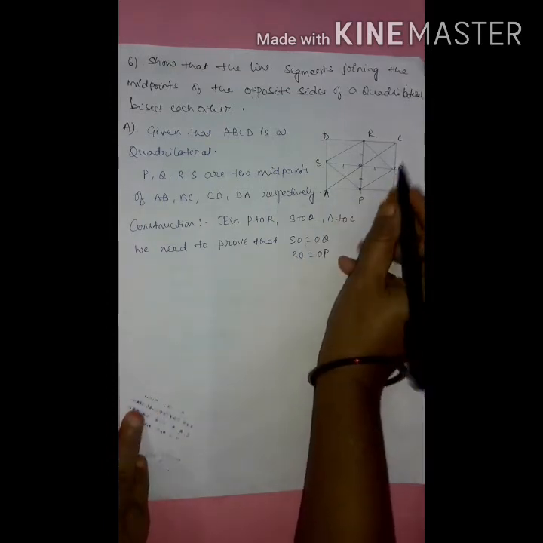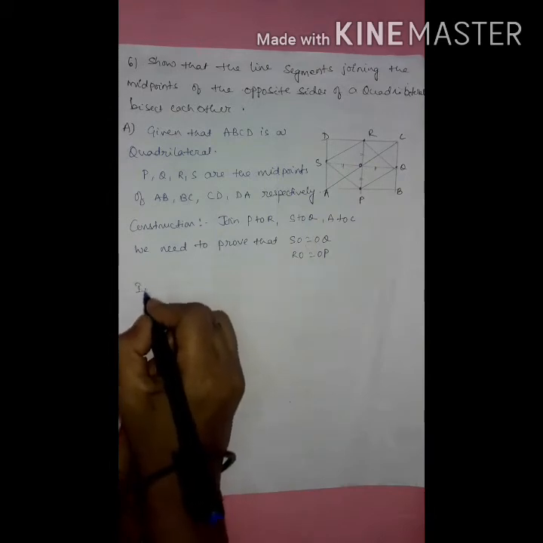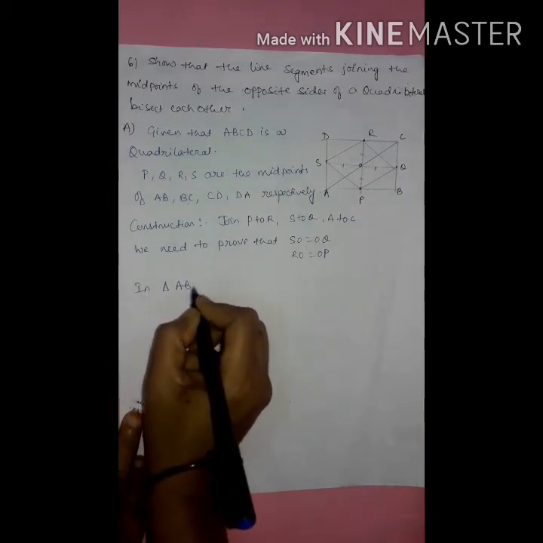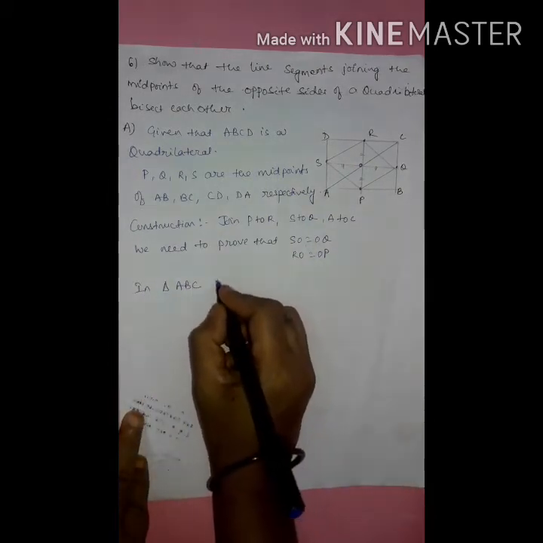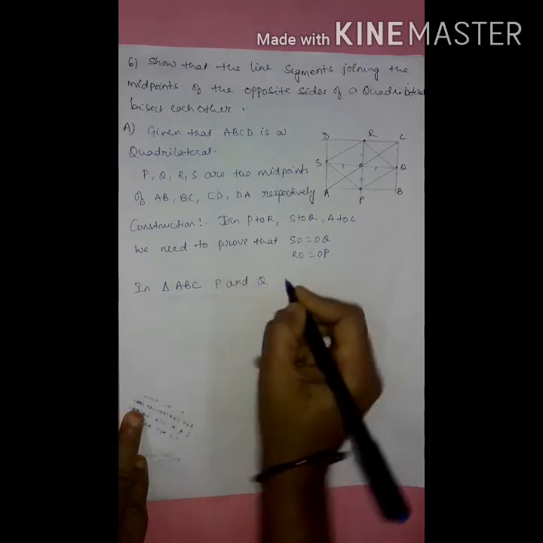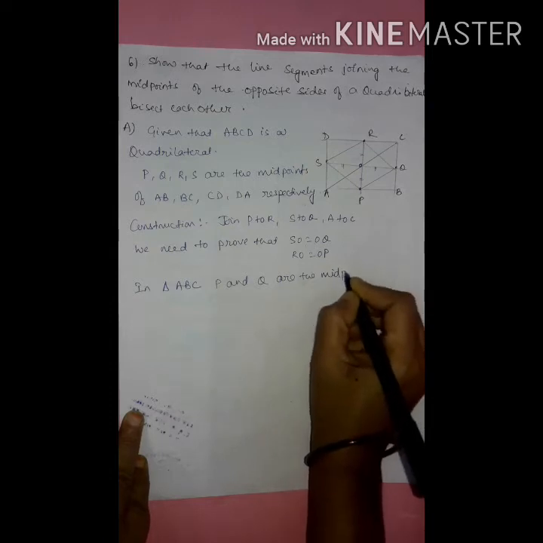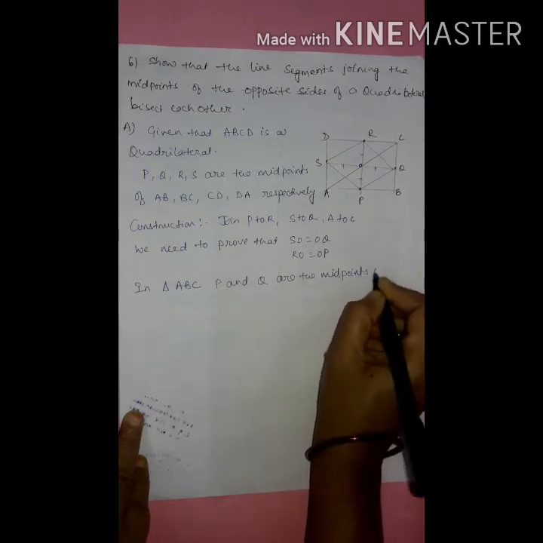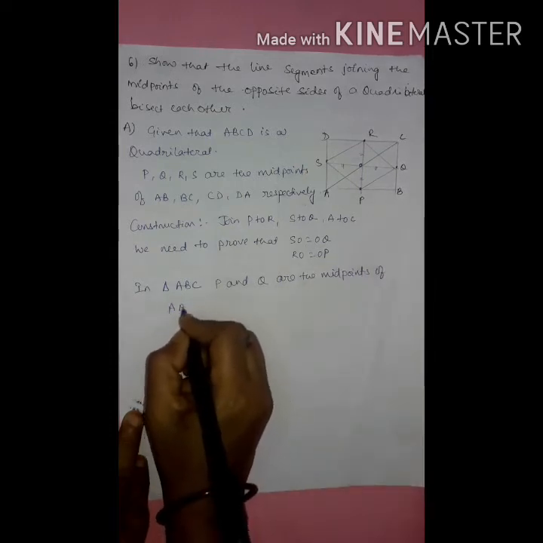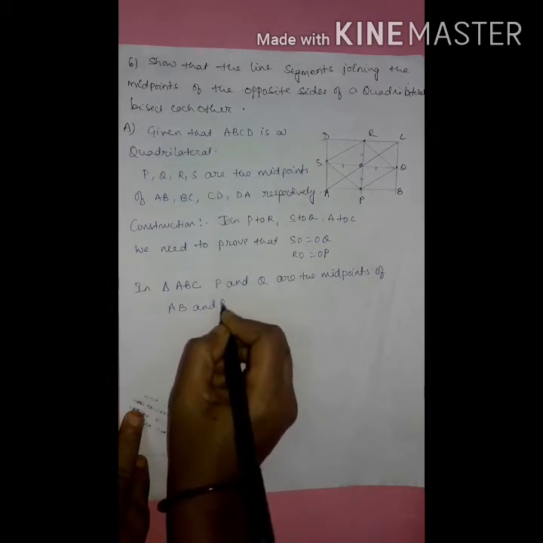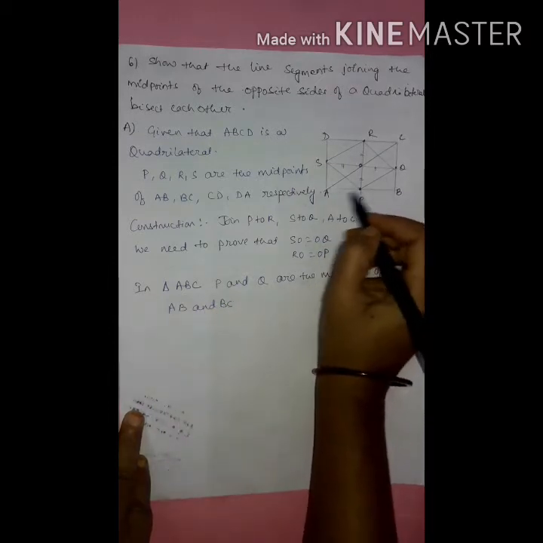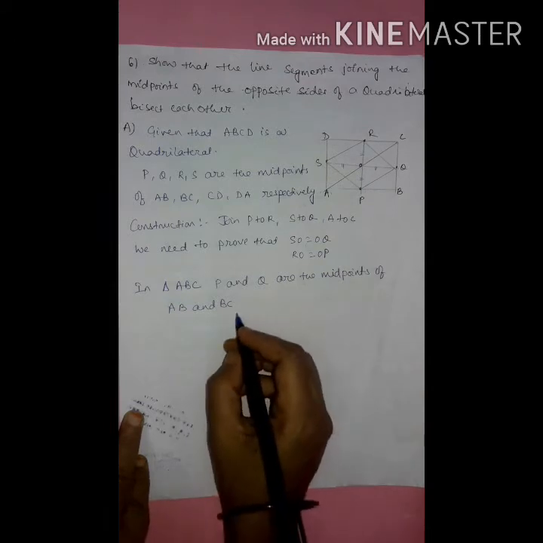So in triangle ABC, P and Q are the midpoints of AB and BC.